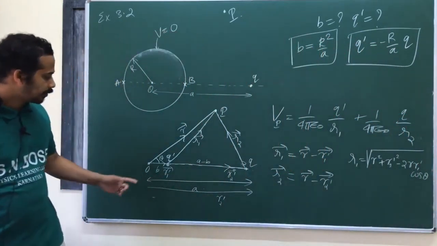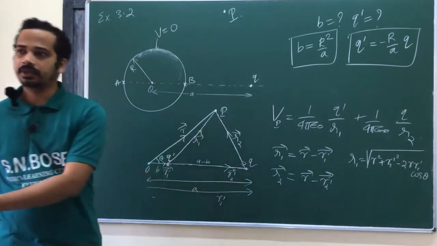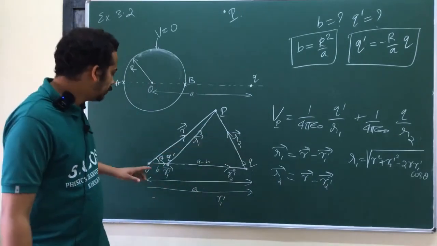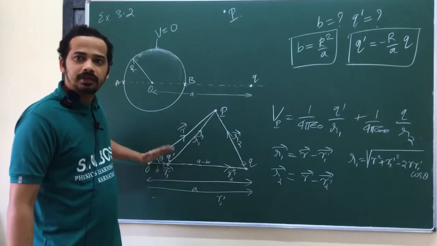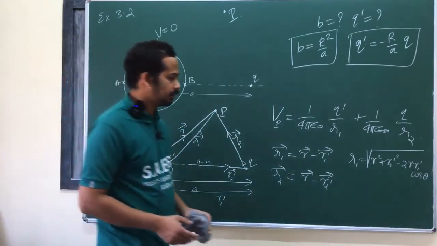What is the magnitude of R1 prime? That's nothing but B. That's how everything is written in polar coordinates. This is R. If this is theta, you take this one as the z axis. Can you work it out?